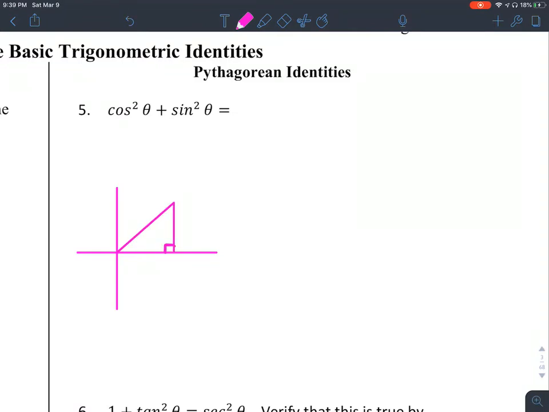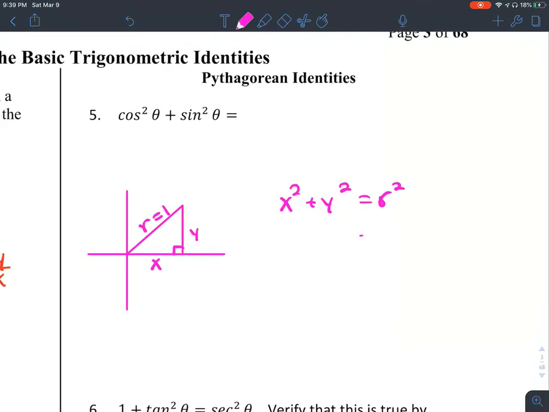So what do we know? We know that this is x, and this is y, and this is r. Everyone knows that. The Pythagorean theorem says that x squared plus y squared equals r squared. In a unit circle, by definition, the radius has to be 1. So I can replace r here with 1. Also, as we've discussed, let me not forget this is theta.